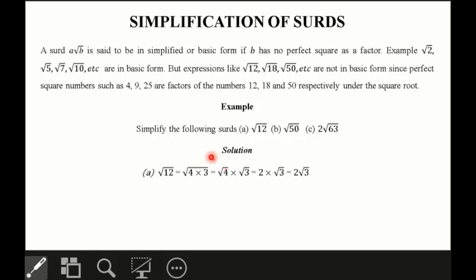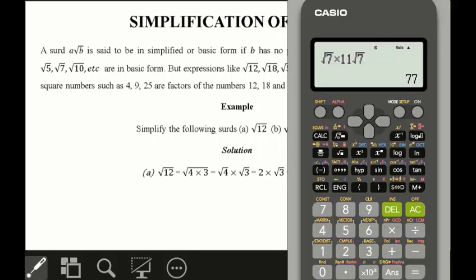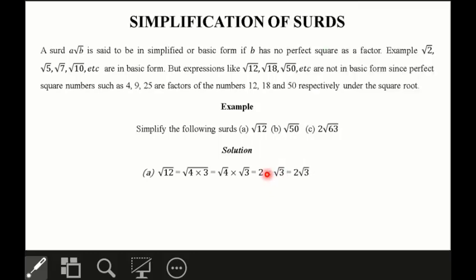The root of 4 from our calculator, as we did earlier, gives us 2, as shown over there. Then the root of 3, since it cannot be simplified further, will be left in that form in order to maintain its exact value. So 2 times root 3 will give us 2 root 3.